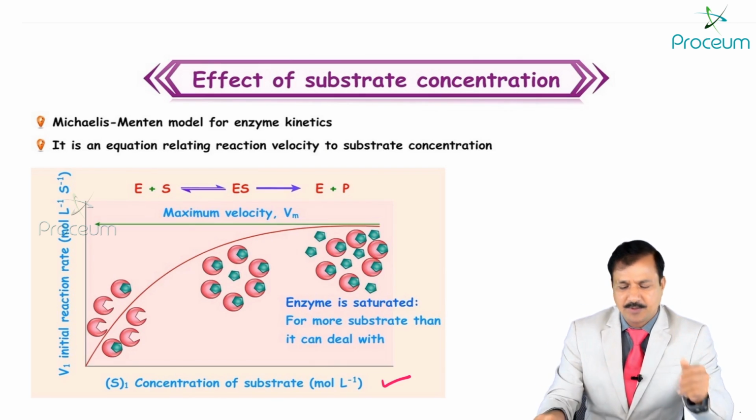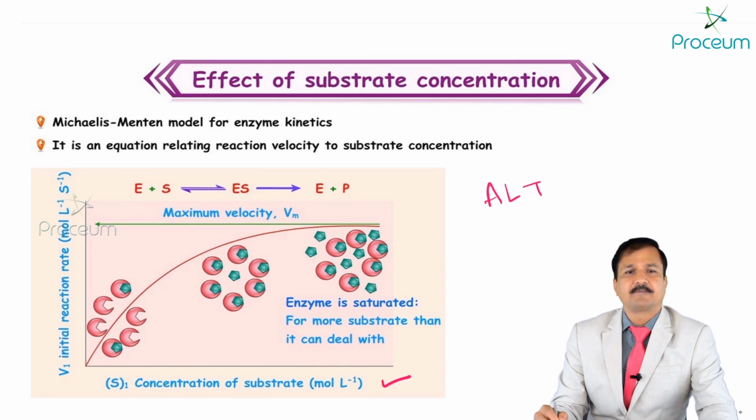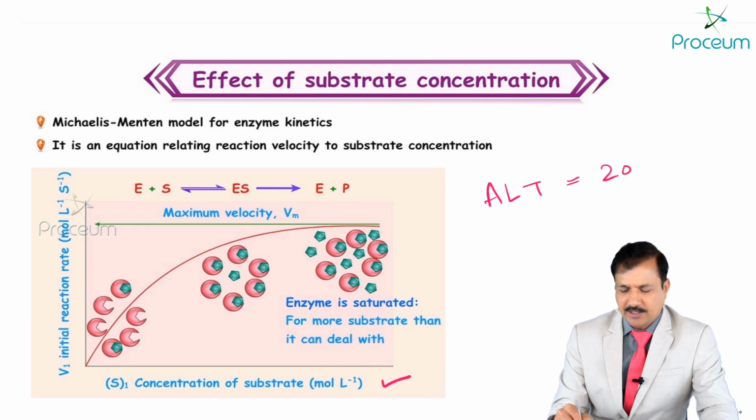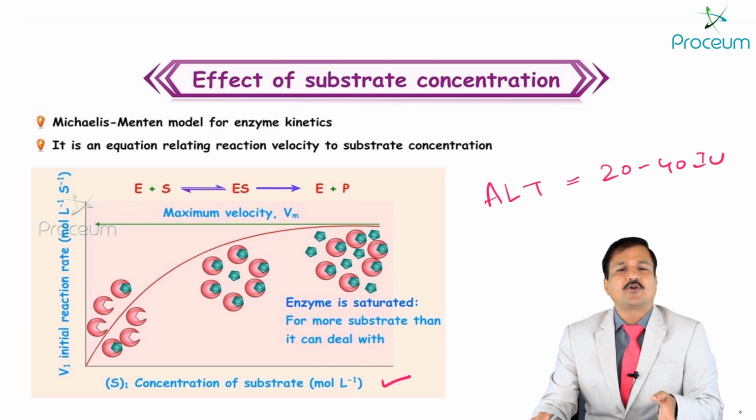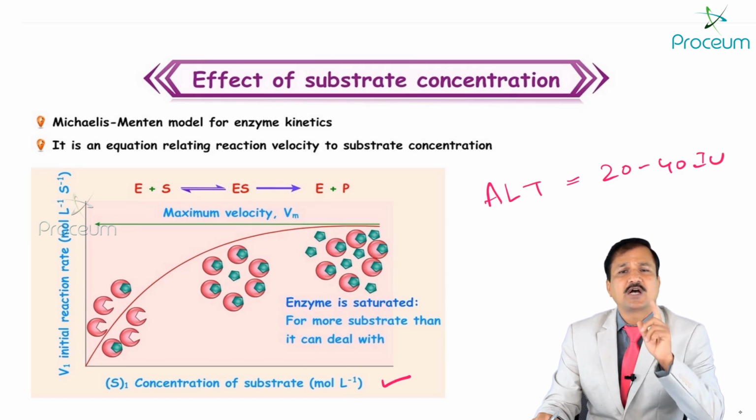If there is, for example, alanine transaminase enzyme, the normal range for alanine transaminase is 20 to 40 international unit, and this 20 to 40 international unit doesn't change under any circumstances unless there is any disorder.